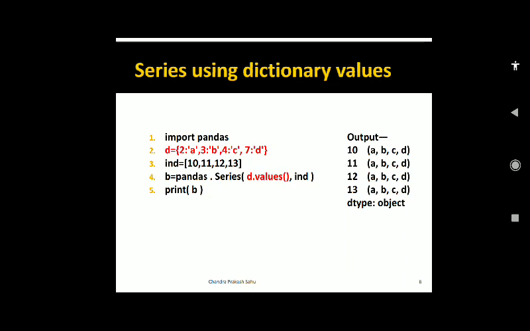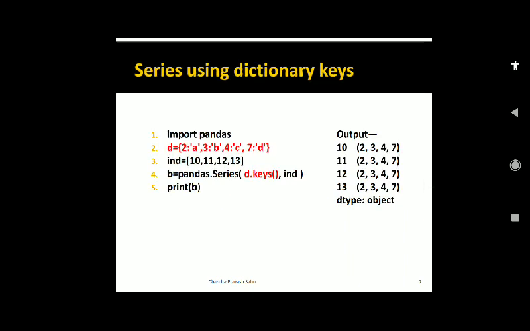At line 4 you can see d.values has been passed as the value for the series function. But the difference is that d.values will not be considered as one element for the series, and so it is copied into all the elements. Similarly you can do it with dictionary keys.